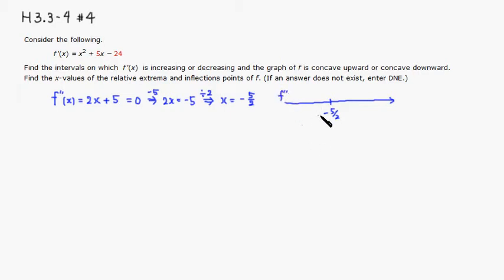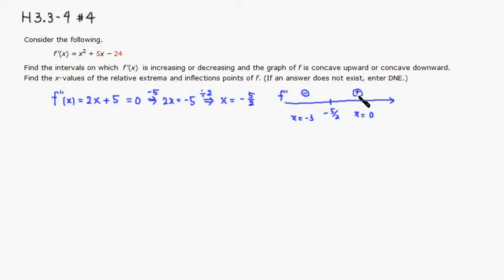Try any number less than negative 5 over 2, so maybe negative 3. If you put in negative 3, it's going to be negative. And if you look at anything bigger than negative 5 halves, I'll try 0, then you have a positive derivative.